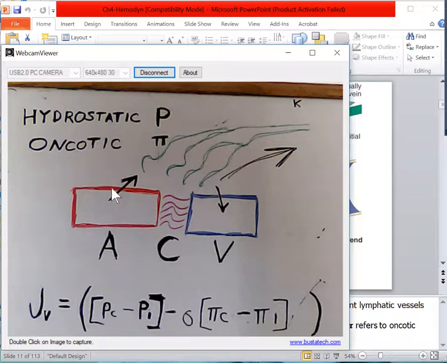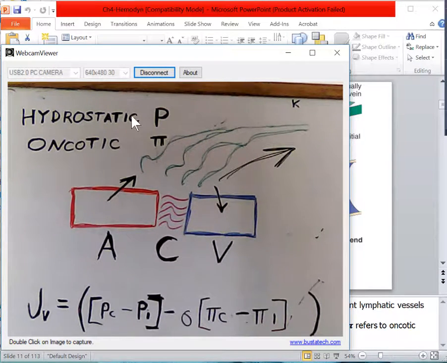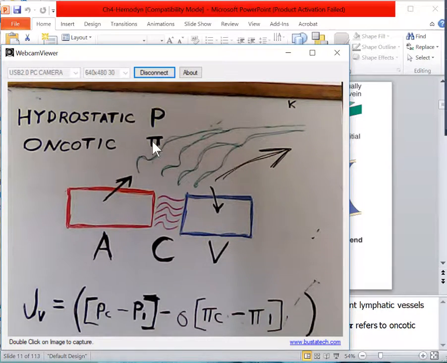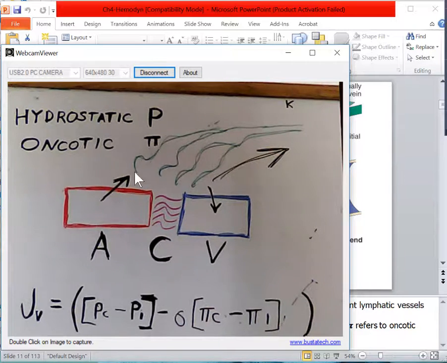When there is an increase in hydrostatic or pure pressure, like pipe pressure, and it is greater than the oncotic pressure, which is the drawing in of fluid, whenever the hydrostatic pressure is greater than the oncotic, or the forces that want to make fluid leave the vessel are greater than the forces that want to draw that fluid back in, then you have something called edema, okay?